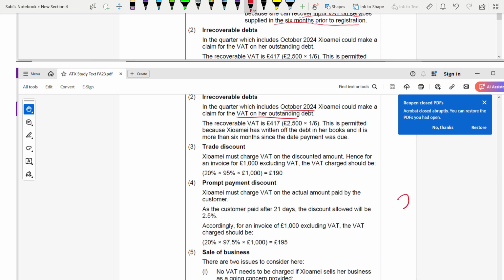Out of 3,500, 1,000 is paid. It's gone. Now you're left with 2,500. This is irrecoverable, so take the VAT out. VAT is 417. This you can recover. This is permitted. Why? Because GME has written off the entire debt and it is more than 6 months since the date payment was due. Check the dates.